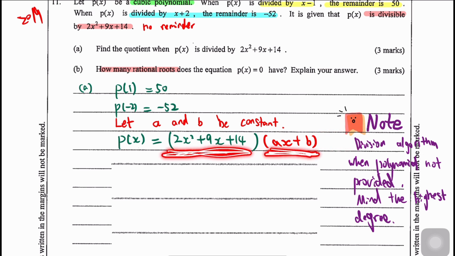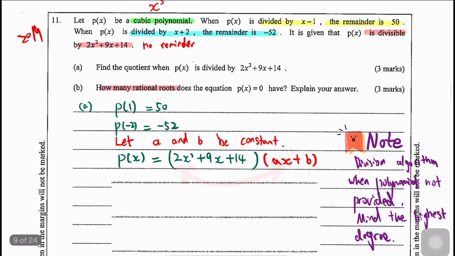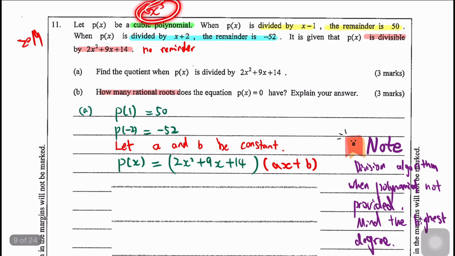This is the quotient. Why do we know the quotient should be ax plus b? A and b, we actually let them be constants. We don't know what a and b are, but we know that the highest degree of the quotient should be x to the power 1. Why? Because when these two are multiplied together, the highest degree should be x to the power 3, x cubed.